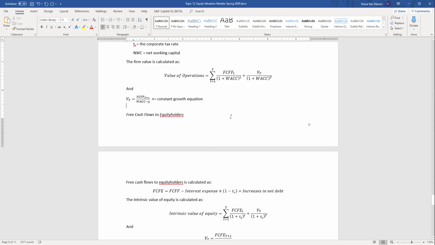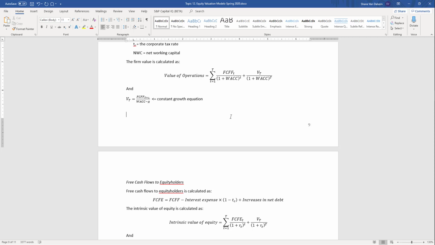The free cash flow to equity holders, FCFE, is calculated, and we can actually get it from the free cash flow to the firm, as the free cash flow to the firm minus interest expense multiplied by 1 minus the corporate tax rate.